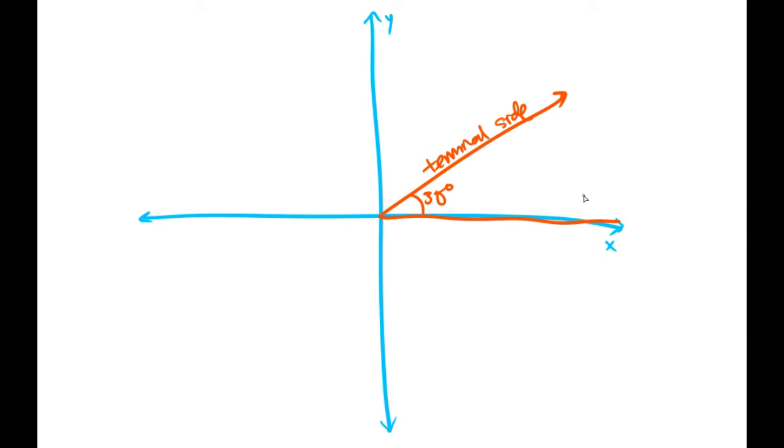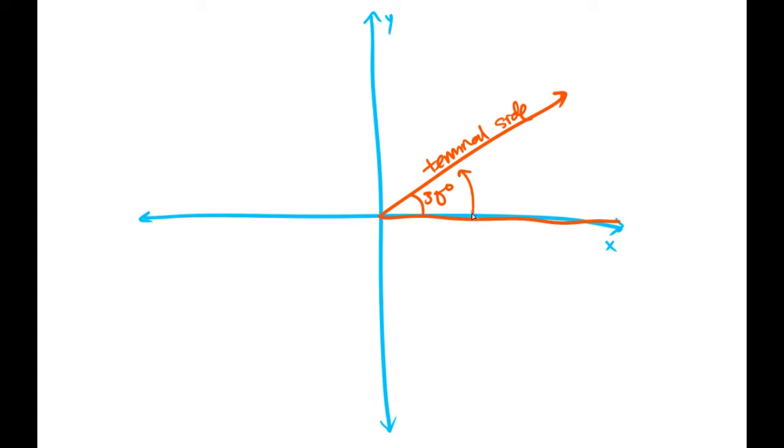So they're called coterminal angles, right? So co is like sharing, like cooperation, you know, and terminal is like ending. So it shares the same ending, so it ends in the same place. So if you have 30 degrees, you're rotating the initial side like this, right?